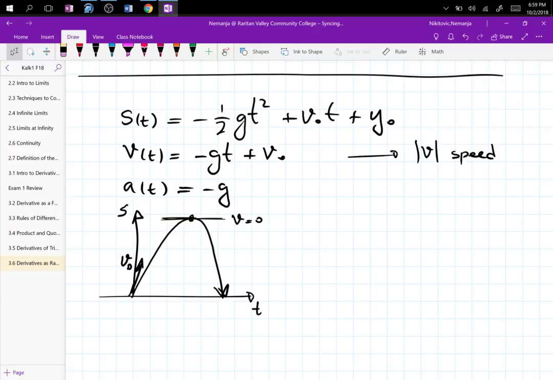And that makes sense, because we can do this experiment. When the object goes up, it's going to stop, and then it's going to come down. So at the max height, it stops. So velocity is 0. The initial velocity v0 that I give is going to be diminished by the gravitational pull as the object goes up.